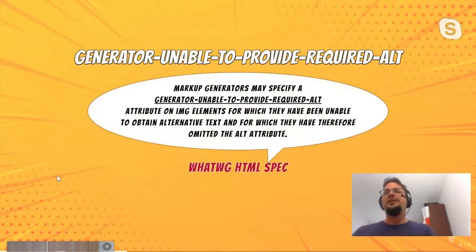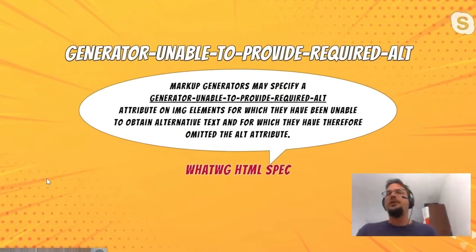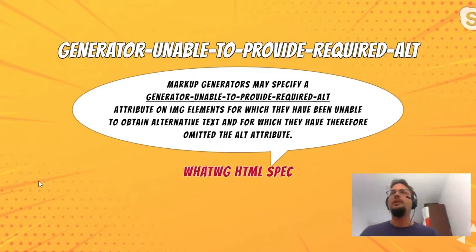And then there's, I think, the longest attribute ever to be invented in HTML, and that's generator-unable-to-provide-required-alt. This attribute is meant to be used when images are inserted by machines and they just cannot set the alt attribute.